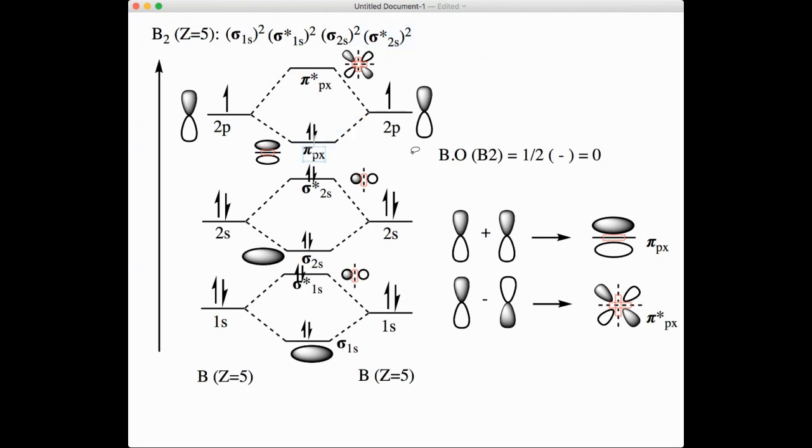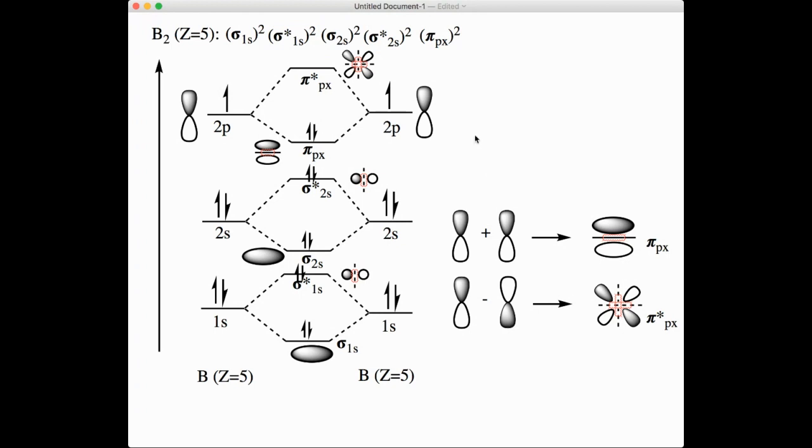And then finally we have pi px2. So the electronic distribution for a B2 molecule, according to molecular orbital theory, could be sigma 1s2, sigma star 1s2, sigma 2s2, sigma star 2s2, pi px2.